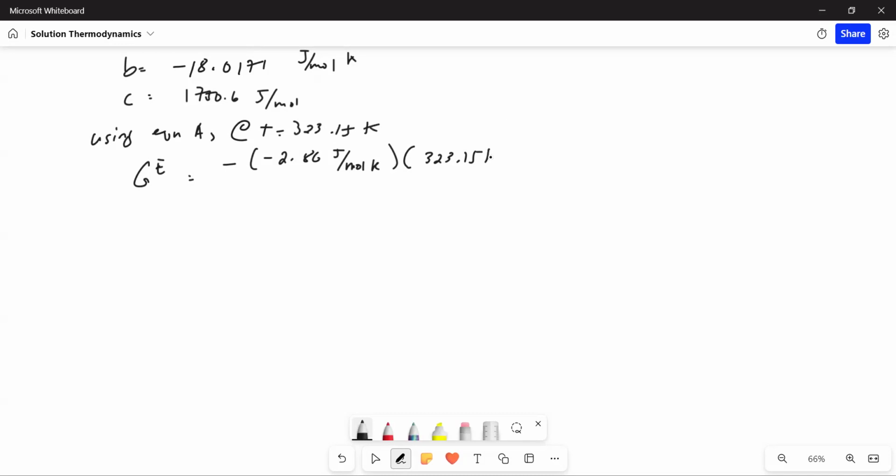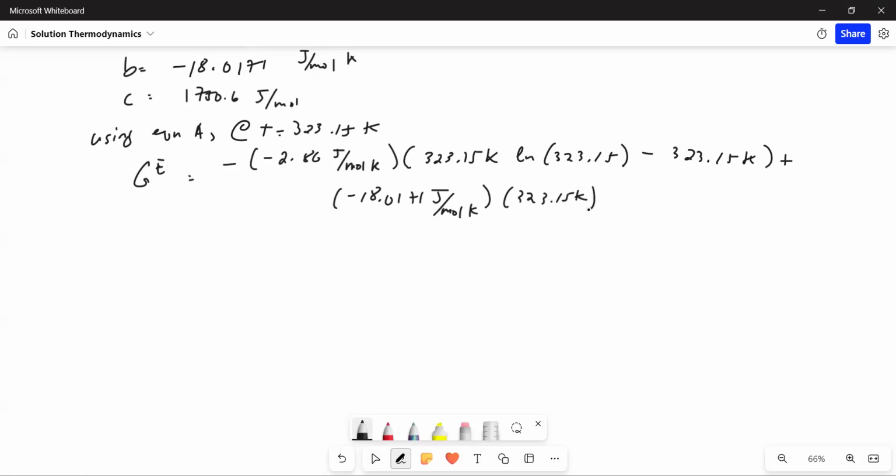323.15 Kelvin, ln 323.15 Kelvin, minus, plus negative 18.0171 joule per mole Kelvin, multiplied by 323.15 Kelvin plus 1750.6 joule per mole.